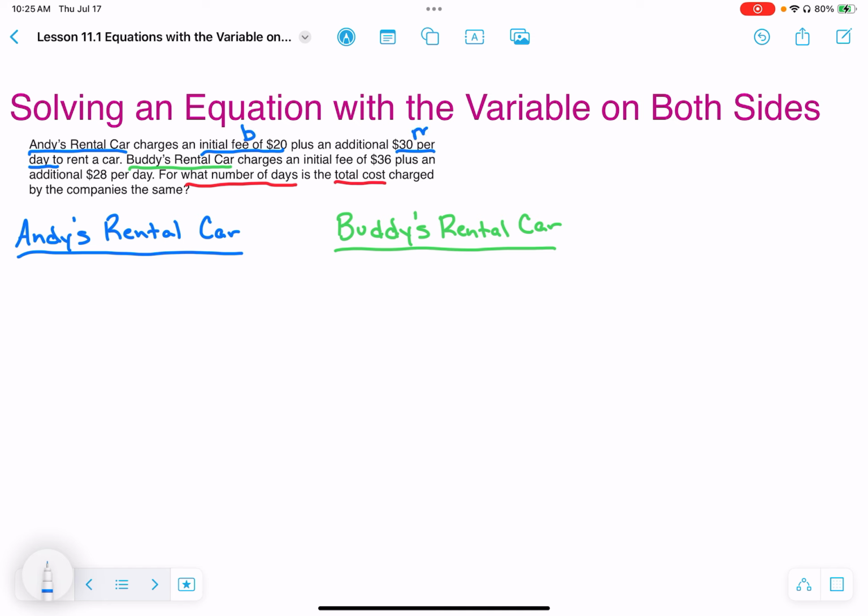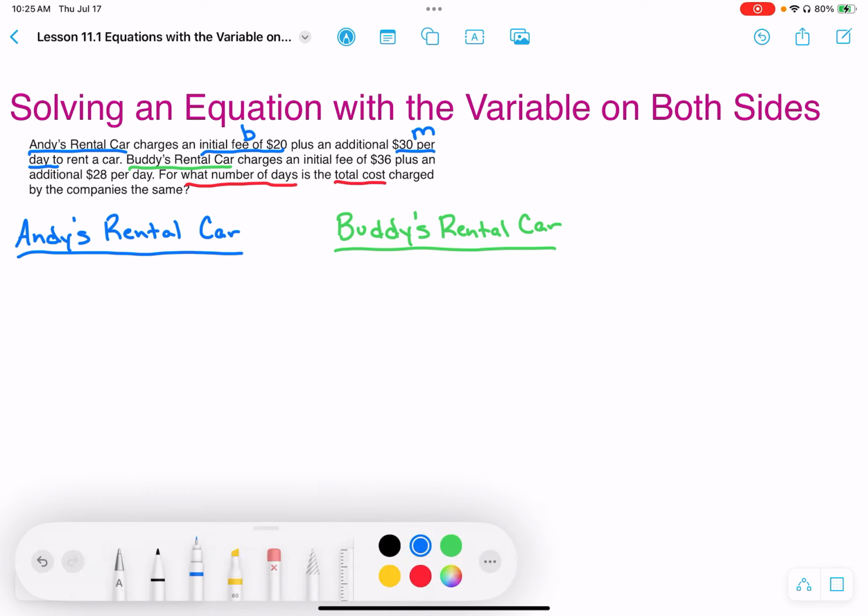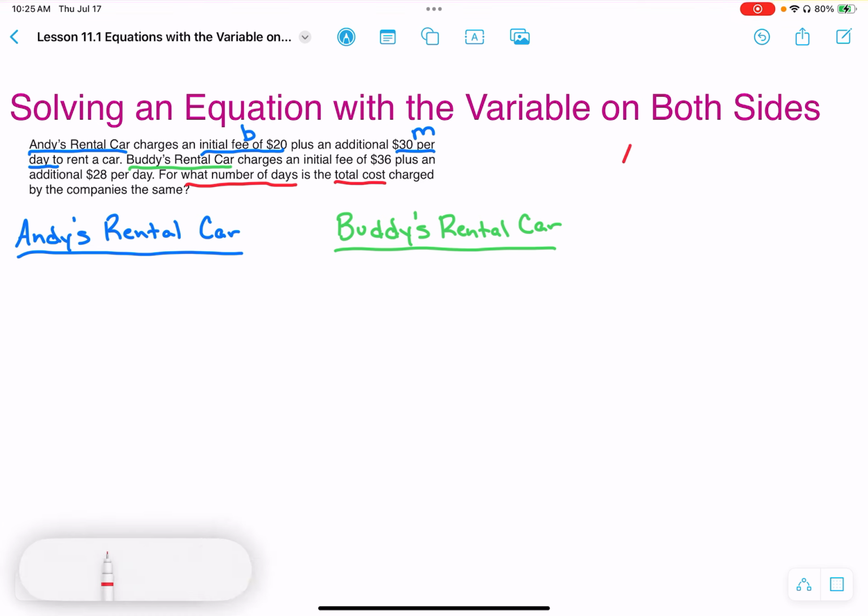And $30 per day is going to be the m. And because the m is per day, that tells me the x is going to be the number of days because it's going to be 30 times x. So $30 times the number of days. So that tells me I'm going to use x for number of days and I'm going to use y for the total cost in dollars.